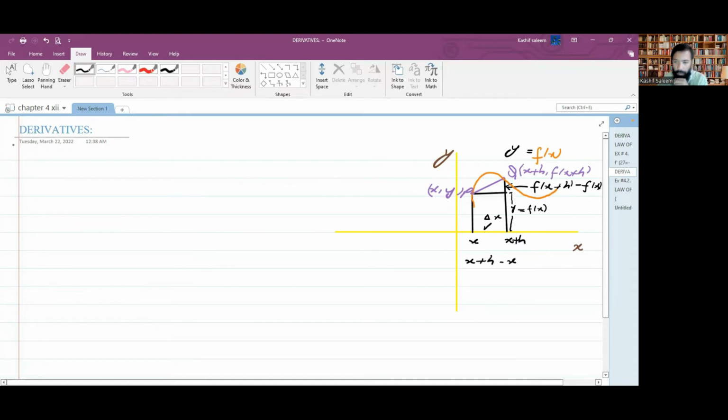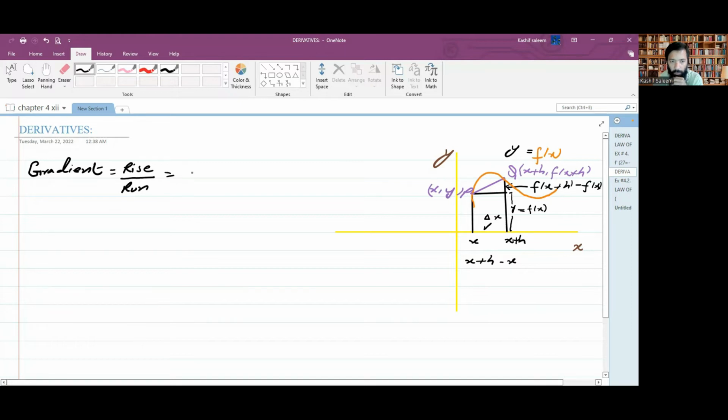Now we want to calculate the gradient of this line. In order to find the gradient, we first define what gradient actually is. In your lower grades, you have already learned that rise over run is known as gradient, which is also known as slope.